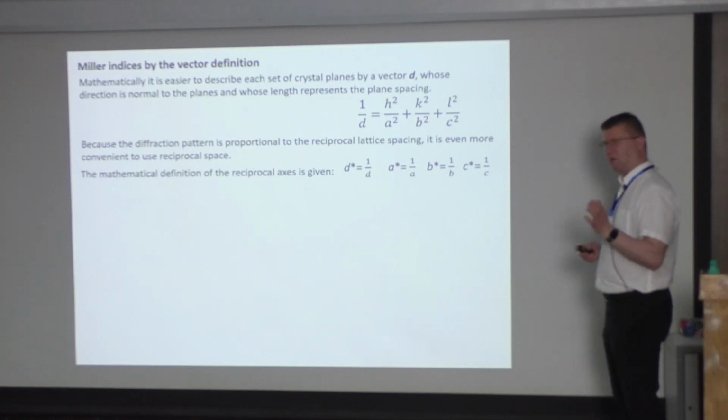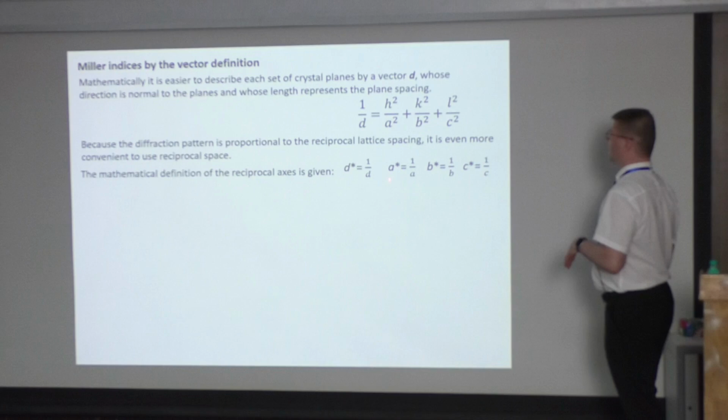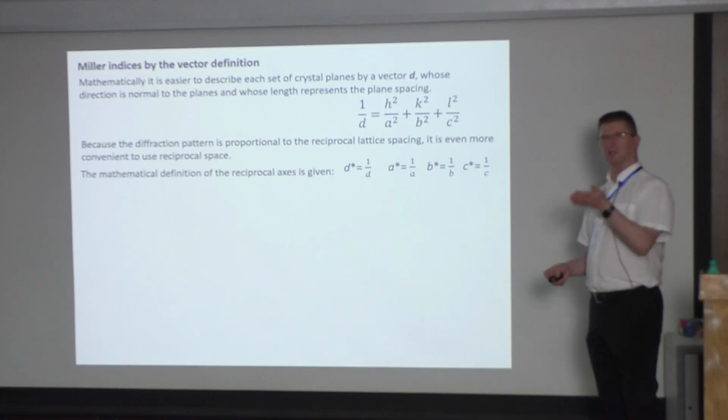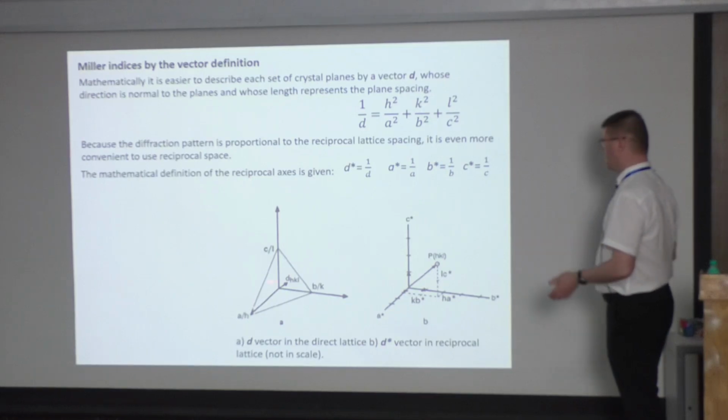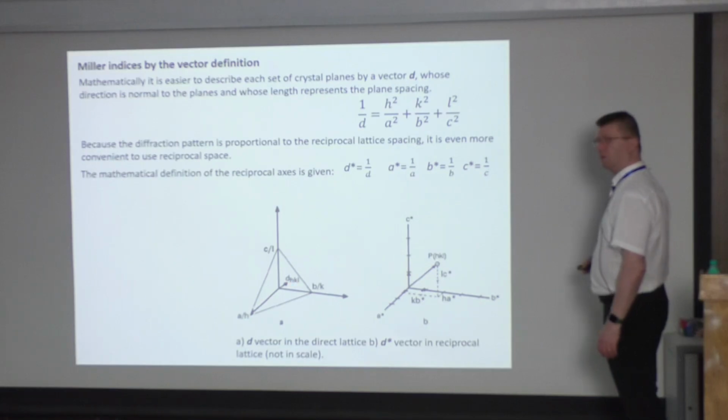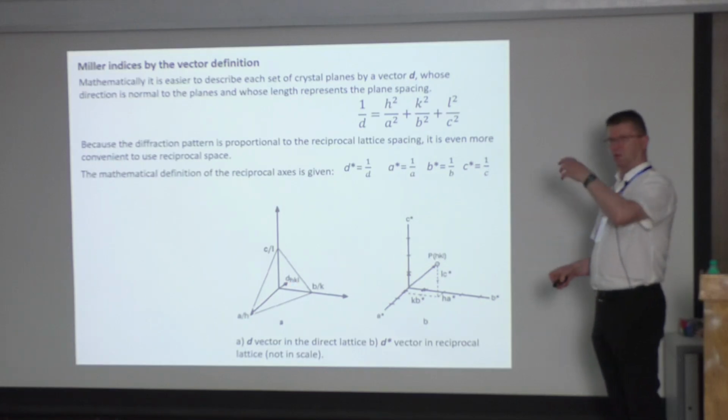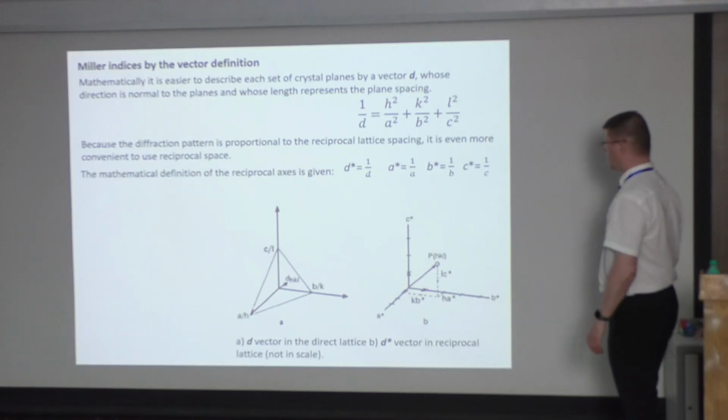So the reciprocal lattice is simply a mathematical formulation of the Miller index plane. So each individual Miller index plane, like this here now, because that's the distance DHKL. Now, when we do this reciprocal lattice transformation, it turns into a point.